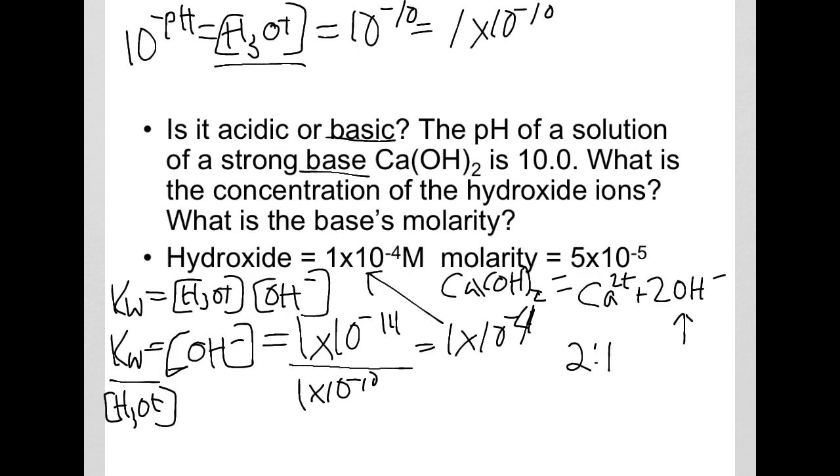That's why I would take this molarity, divide it by 2, and this will give me the molarity of the calcium hydroxide solution, which is very important because just from pH alone I can determine what that concentration is without having to do any other chemical tests.